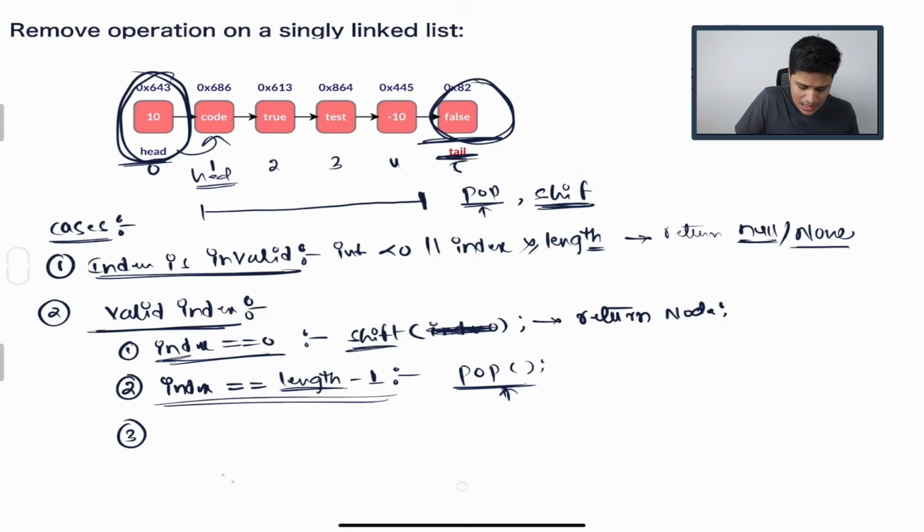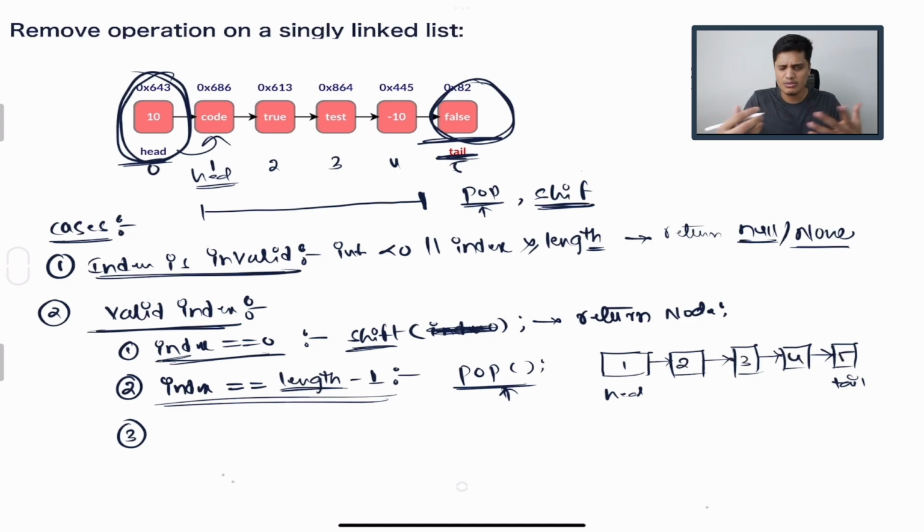Now here, let's assume that the singly linked list that we are using for performing the remove operation contains, let's say, some 5 values or 5 nodes in it, and we have the head node and we have the tail node, and these will have some values like 1 2 3 4 5 or some other random values, right? And the indexes will be 0 1 2 3 4.